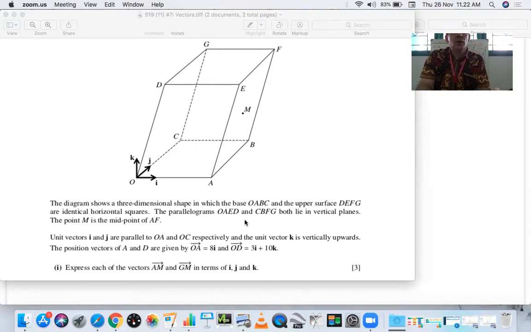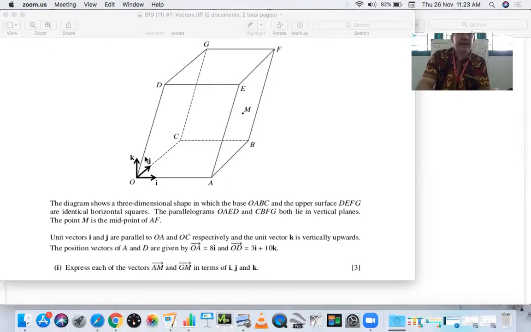The parallelograms OAED, that's the front face, and CBFG, that's the back of it, both lie in vertical planes. The point M is the midpoint of AF. So M is the midpoint of this diagonal A to F. So that's important to know.